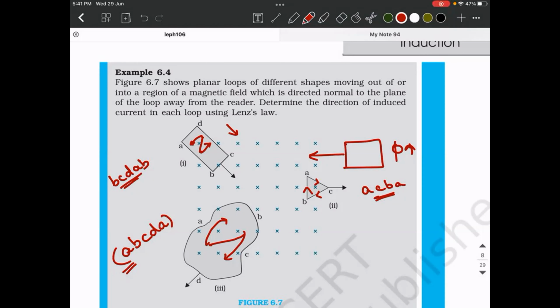Which arrow? That is the direction of motion. This is the direction of motion. Right? Shall we proceed to the next one?